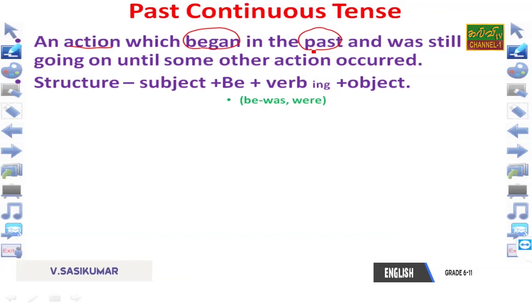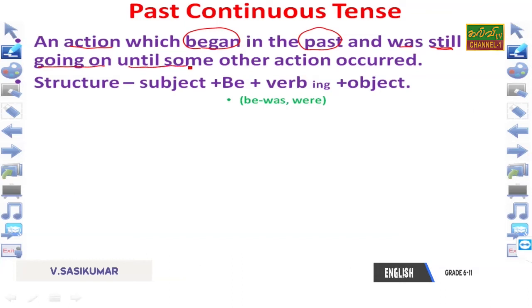Began in the past and was still going on. Action was still going on. But in the present continuous, it is still going on. But here, it was still going on until some other action occurred.